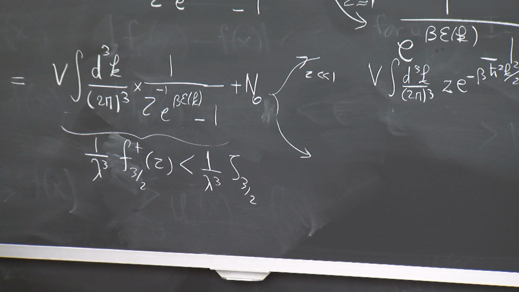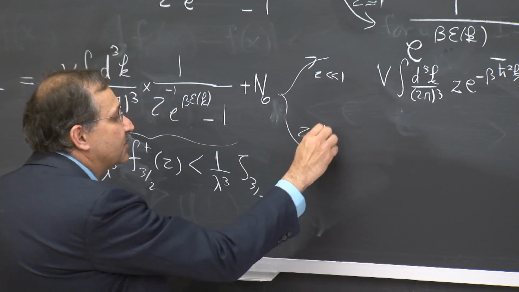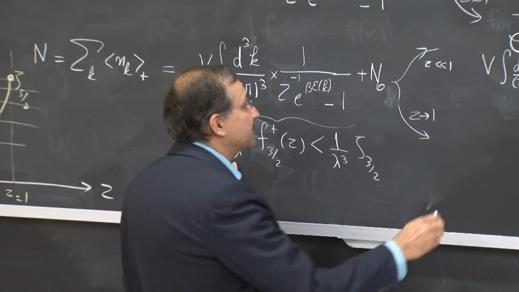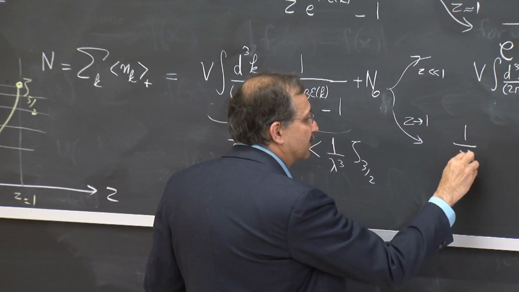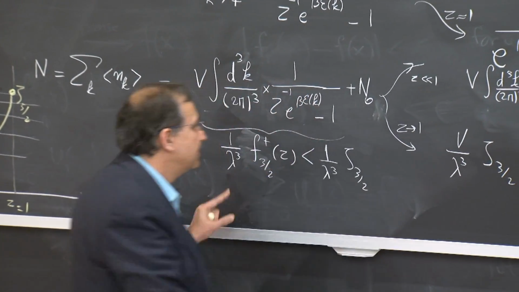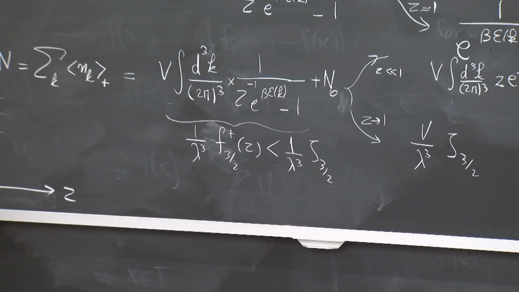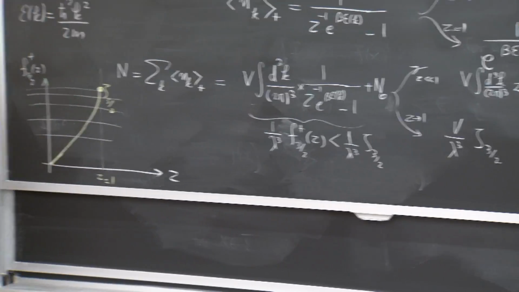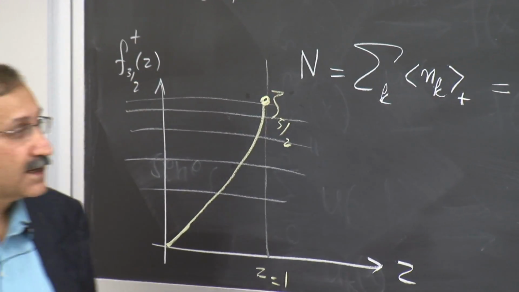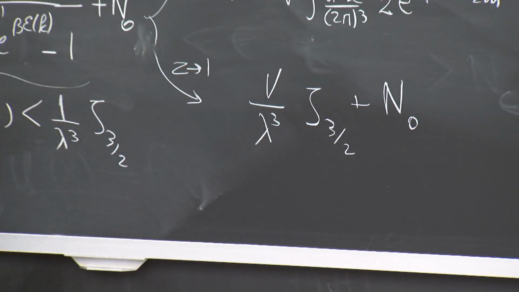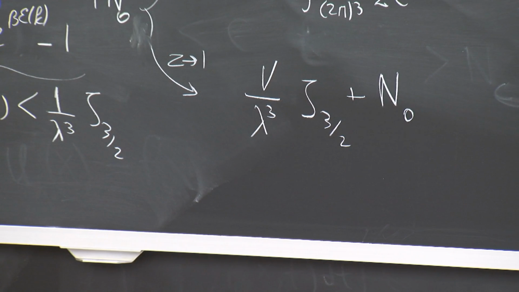And so in principle, when z goes to 1, then this becomes 1 over lambda cubed, or v over lambda cubed zeta of 3 halves, obtained by essentially doing the integration with z equals to 1, evaluating it at this possible limit. And then whatever is left, I will put in the k equals to 0 state.